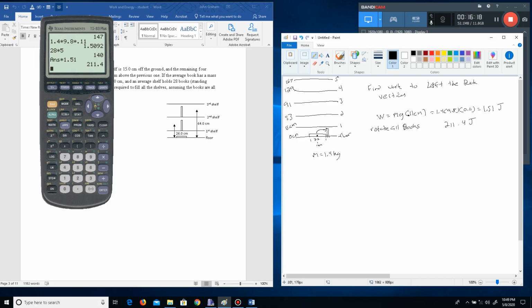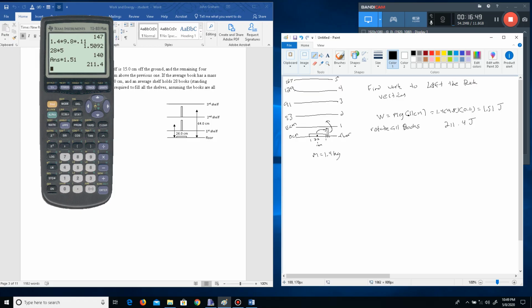Now from this point, we have to look at where we place it. So each one is going to have a different amount. So for instance, the first shelf, I'm raising it from where the center of mass is 11 centimeters to where the center of mass is 11 centimeters above the 15 centimeter line, which will be 26.